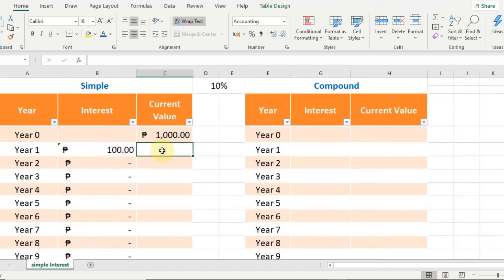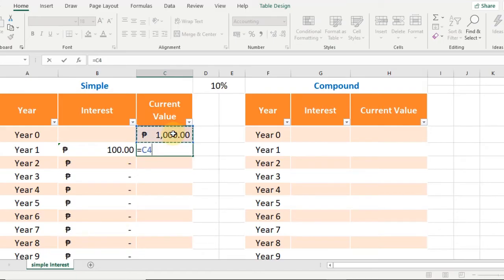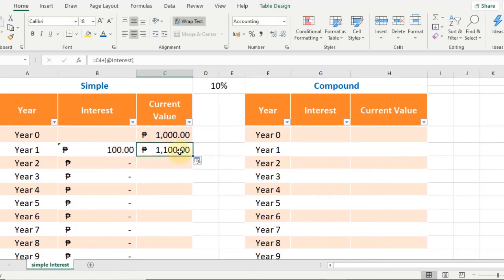Meaning to say, on year 1, how much is my money now? My principal amount, which is 1,000, plus my interest, which is 100 pesos. So that means I get 1,100. What will happen on year 2? What will be my interest?